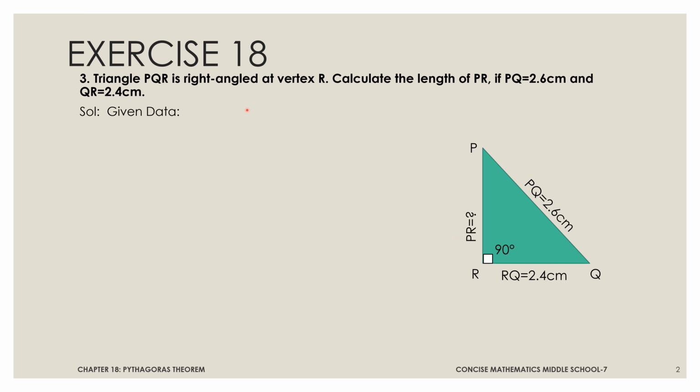Now let's write it in statements. At vertex R, the angle is 90 degree. That is angle PRQ.